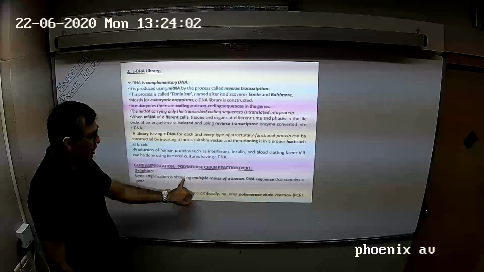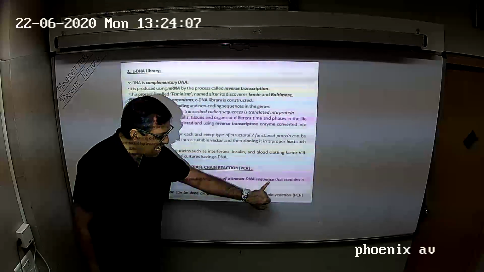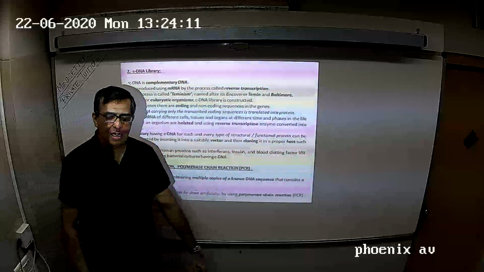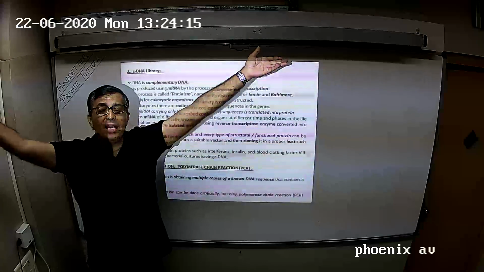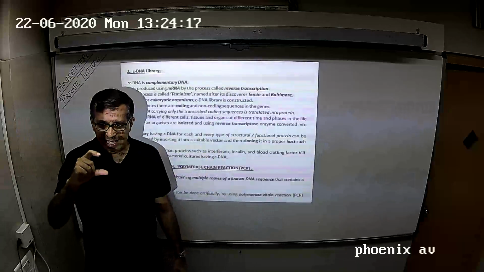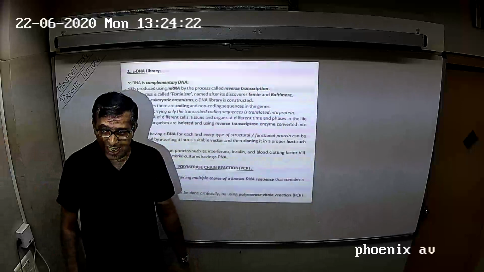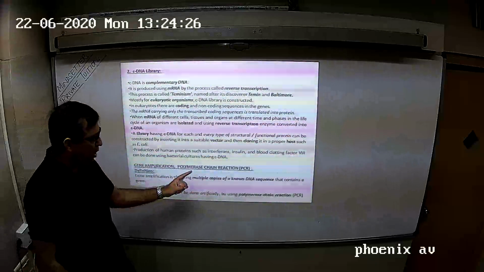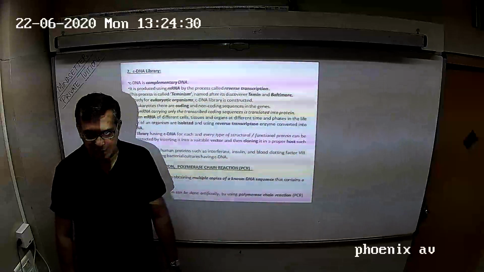Gene amplification is obtaining multiple copies of a known DNA sequence that contains a gene, and sir, एक ही gene की billions of copies बनाई जाती है. Using a single gene, we make billions of copies of that gene. That technique is called as gene amplification, also called as polymerase chain reaction (PCR).